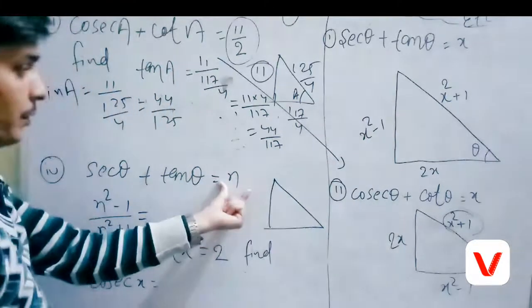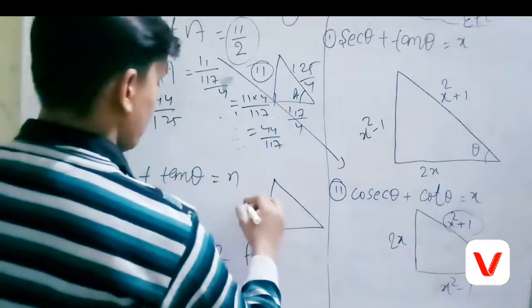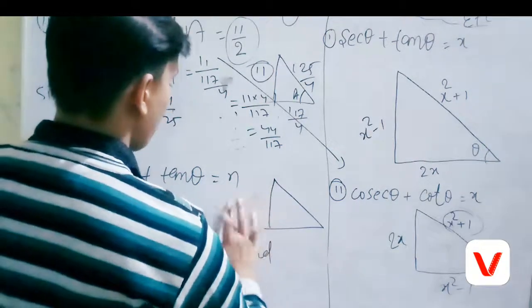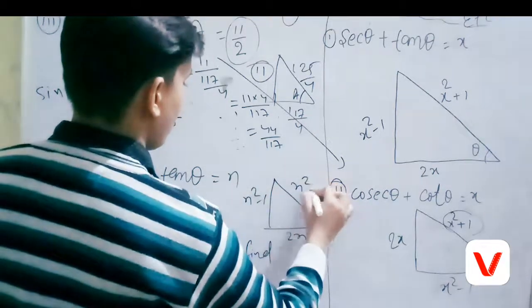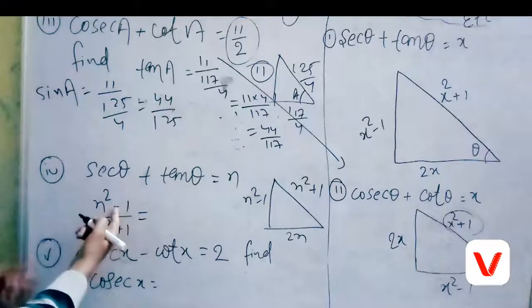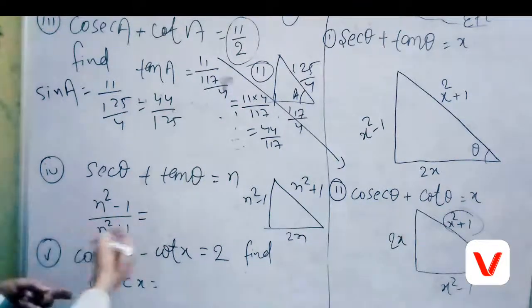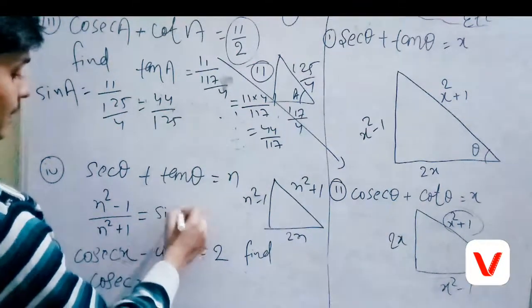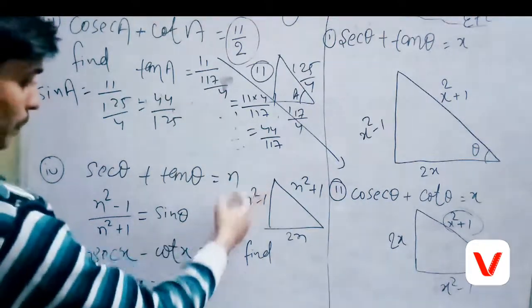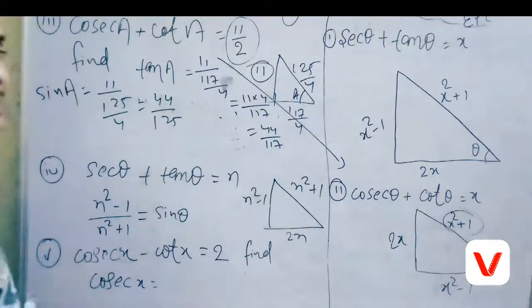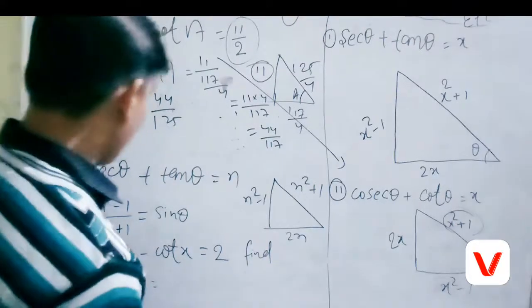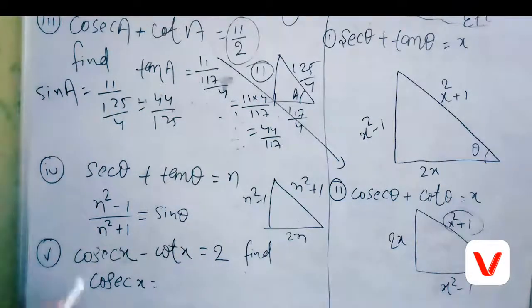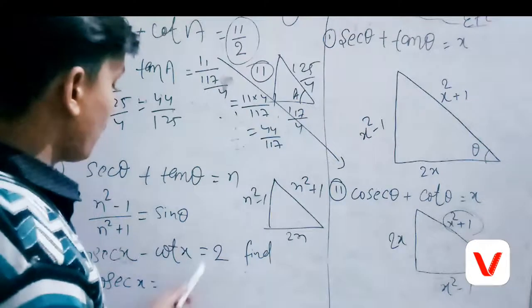So the perpendicular is n square minus 1, the base is 2n, and the hypotenuse is n square plus 1. So n square minus 1 over n square plus 1 is sine theta, because it is perpendicular by hypotenuse. Next, cosec x minus cot x equal to 2.